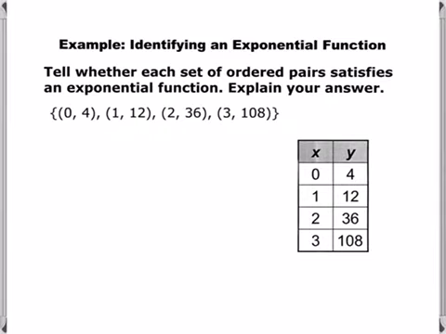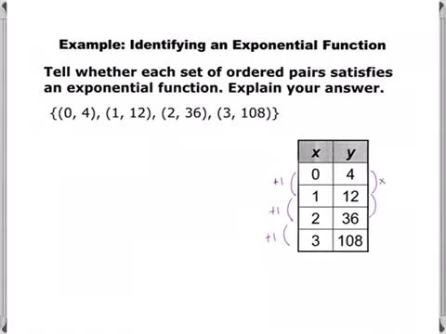So in our first example, we want to tell whether the set of ordered pairs satisfies an exponential function and then explain our answer. As we look at our x values, we're increasing by 1. But for the y values, we go from 4 to 12, which could be adding 8. But from 12 to 36, that's not adding 8, so that doesn't work.